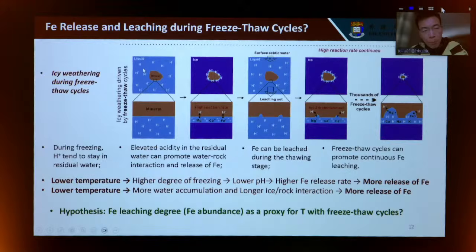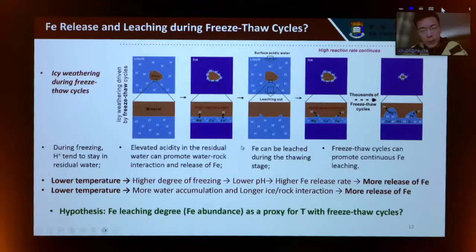Thousands of freezing cycles can lead to abundant release and leaching of iron. Therefore, freeze cycles are a very efficient method to release and leach iron.